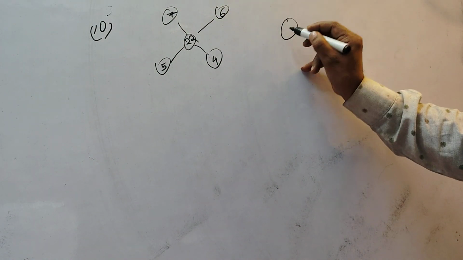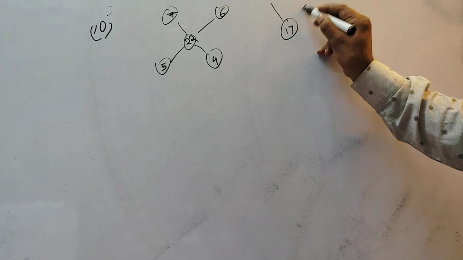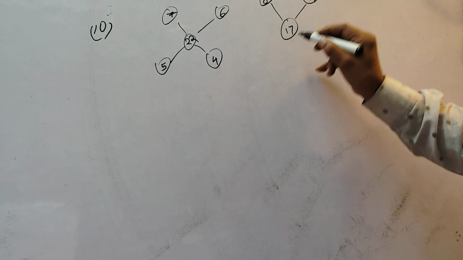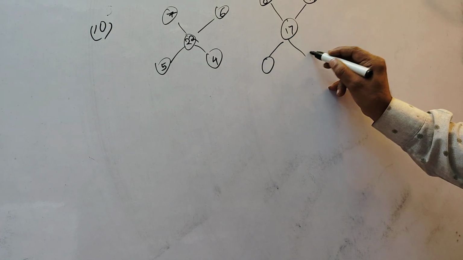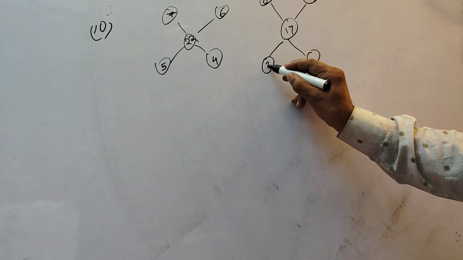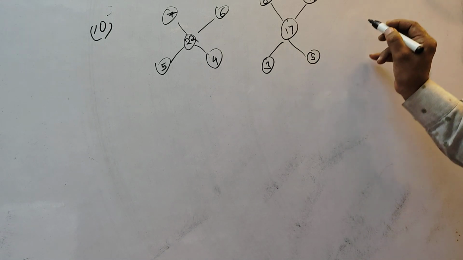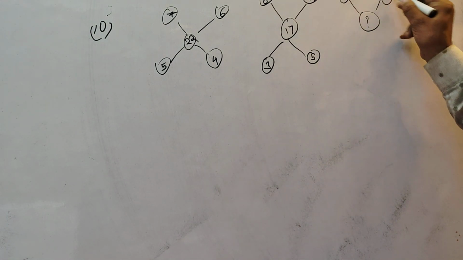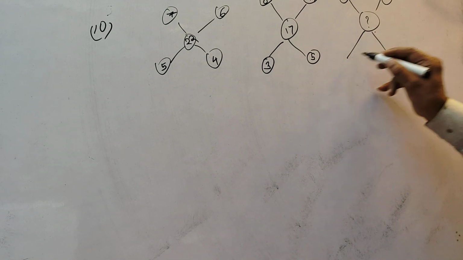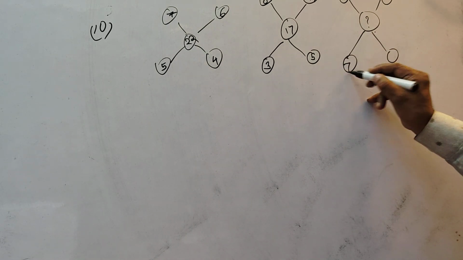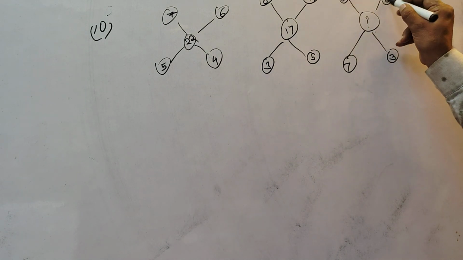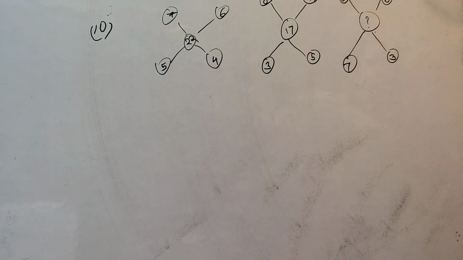And similarly the second one, center is 17, 8 and 4, on the bottom side there is 3 and 5. The third one has a question mark at the center. Bottom side is 7 and 3, top side is 9 and 6. So we have to find out the pattern.